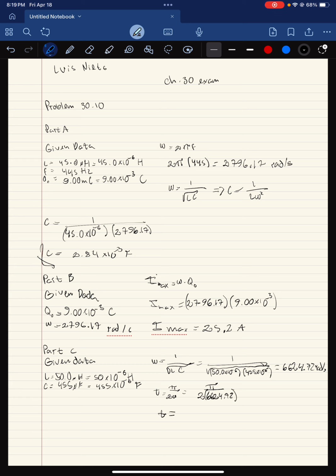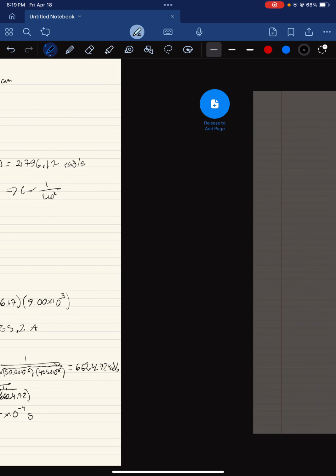And we'll get that to the calculator. Pi over 2 times 6,624.72. I got 2.37 times 10 to the -4 seconds. Amazing. Now we'll go with part D.